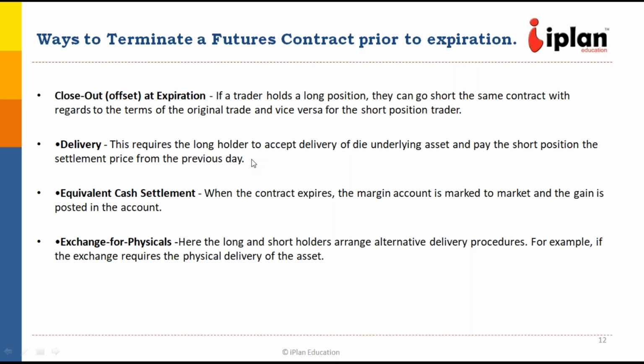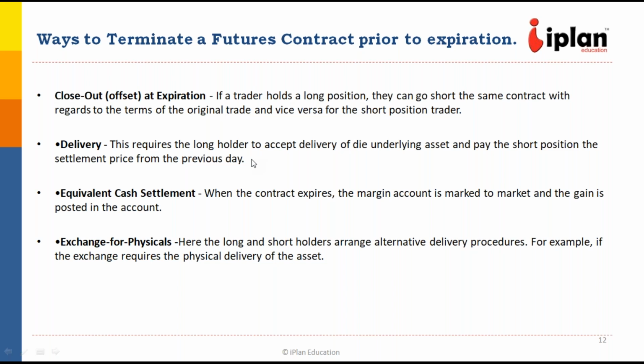So let's say you are a commodity trader and you have purchased maize on a commodity exchange. You can ask the exchange to deliver the maize to you in physical format.